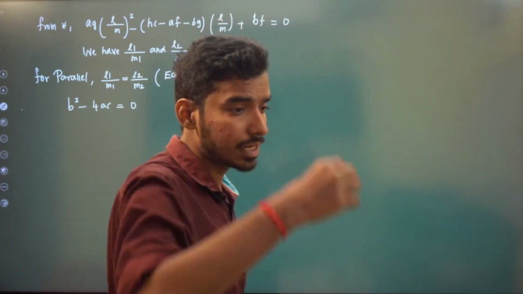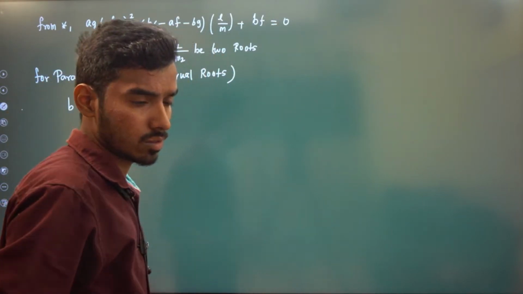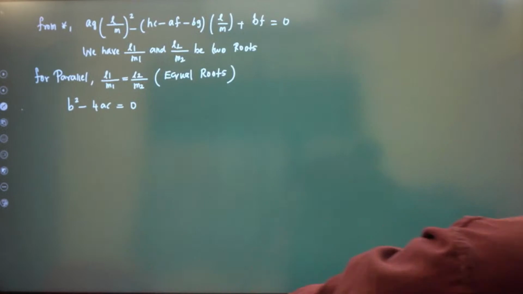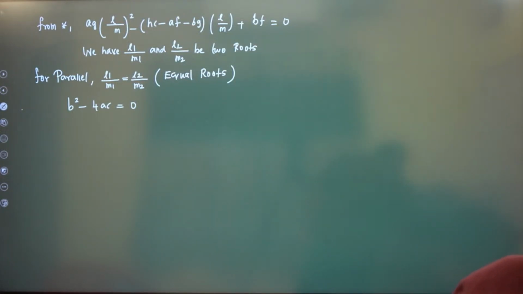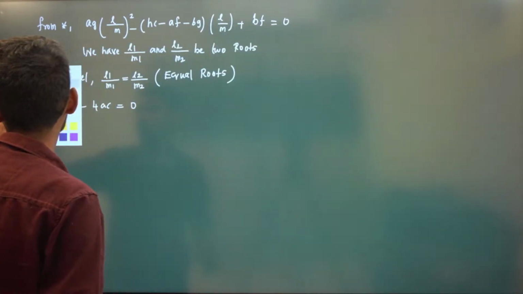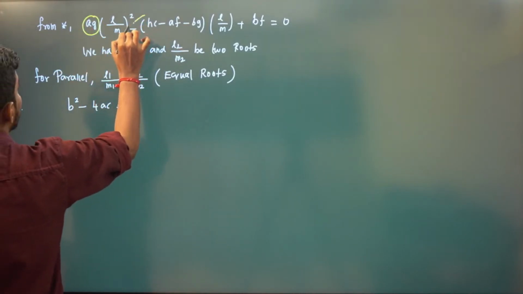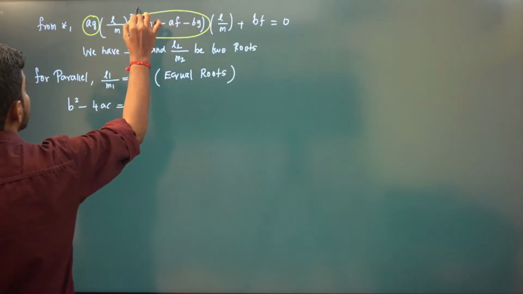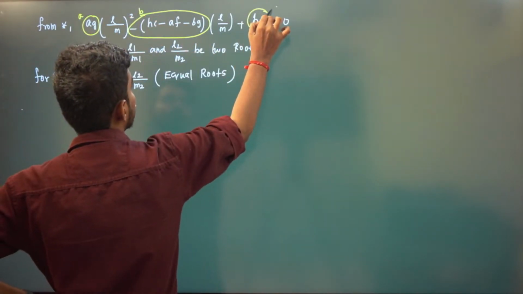Okay, so we will make use of the condition that b square minus 4ac is 0. So what is a now? This is our a. This whole term is our b. The whole term is our c.